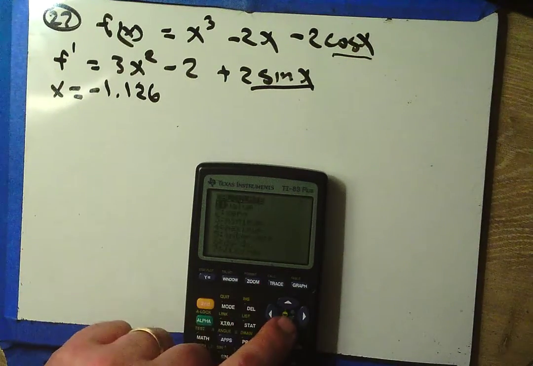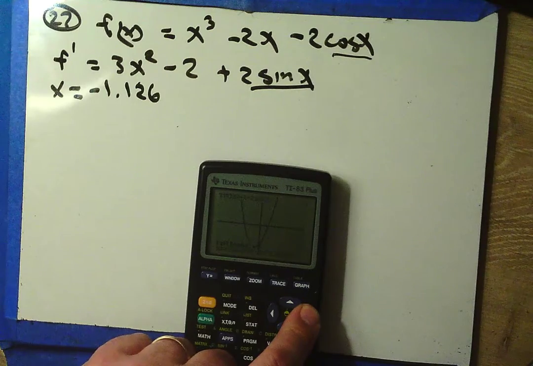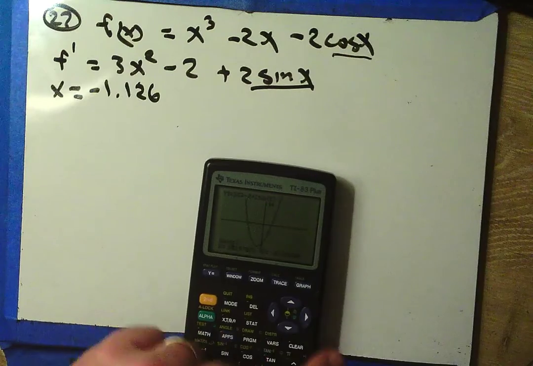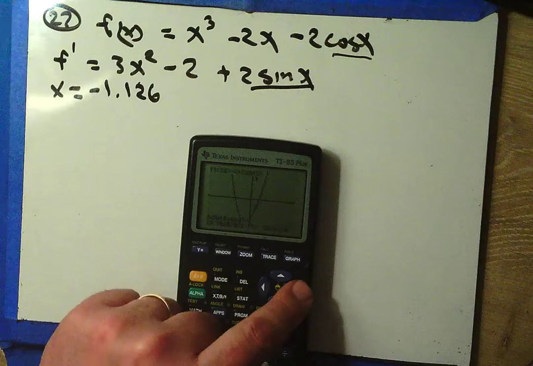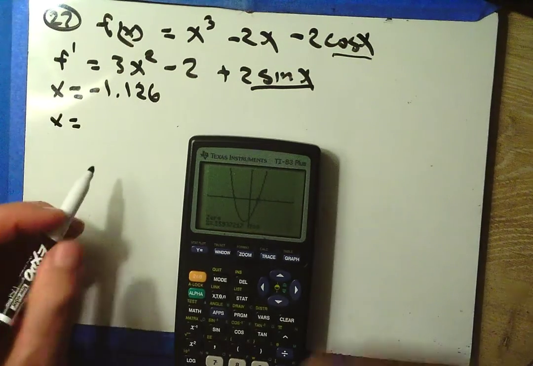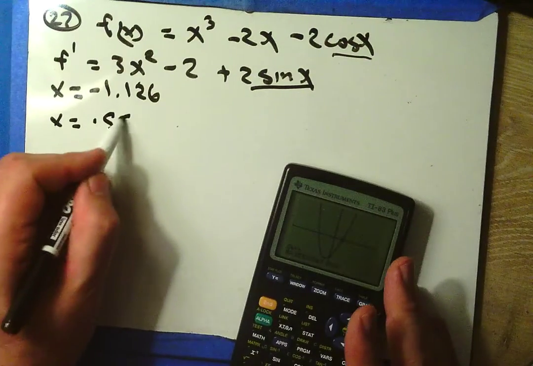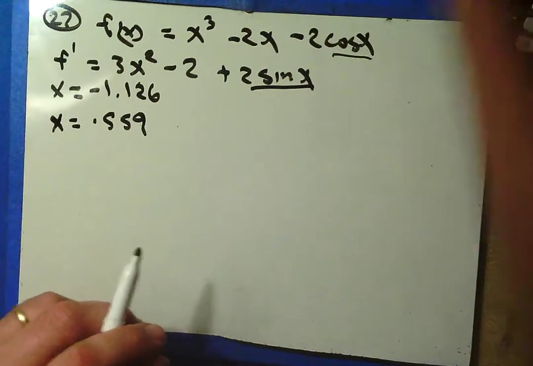And then let's find the other one. Climbing back up now. I'm on the left side, I hit enter. Oh, no, that's not going to work. Try again. Left side, move the cursor. Right side, hit enter. Guess, hit enter. And I get x equals 0.559.